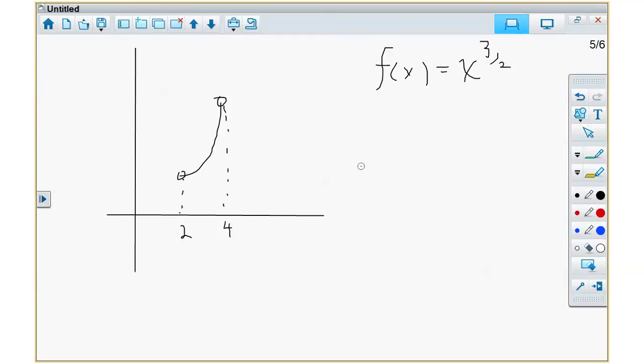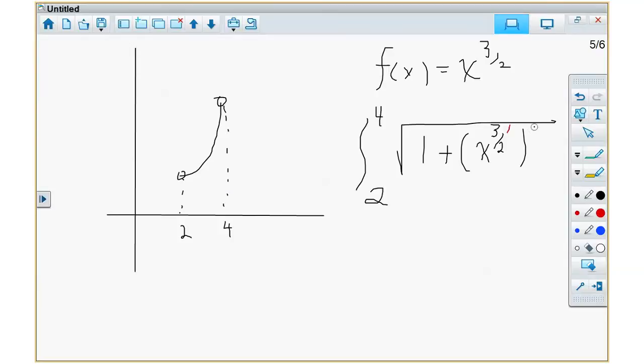All right, so the antiderivative from 4 to 2 of the square root of 1 plus x to the 3/2, I'm going to put a prime on it in red, and then all that raised to the 2nd power dx.